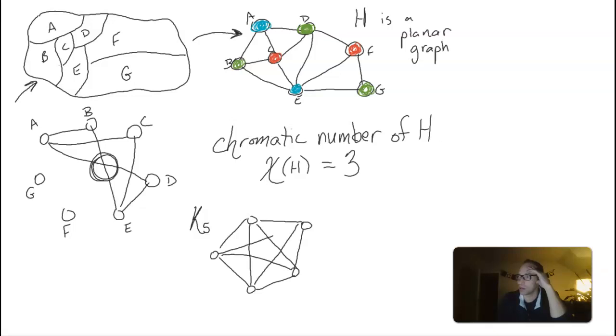There we go. So notice two things. First of all, because each of these five are touching all of the others, you have to use five colors here. So the chromatic number of K5 is actually 5.